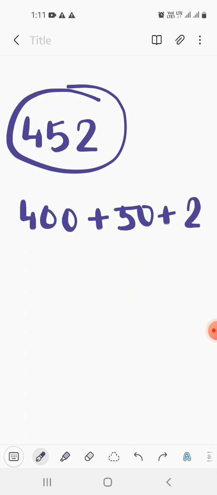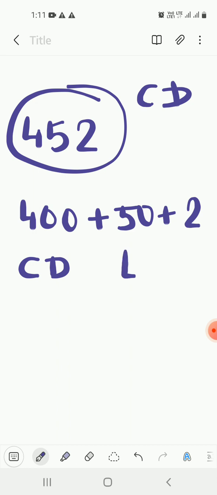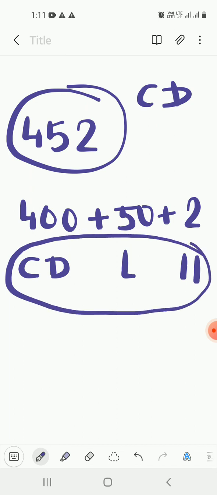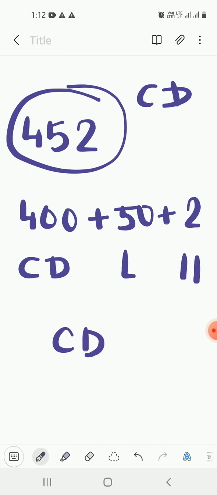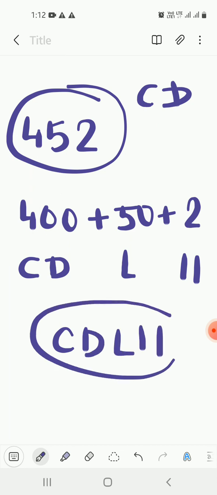C is 100, so we can't repeat it. We have got D, that is 500. So we are going to write CD, which is the symbol for 400. 50, the symbol for 50 is L, and the symbol for 2 is II. So we are going to write all of this together, which is CDLII, which means 452.